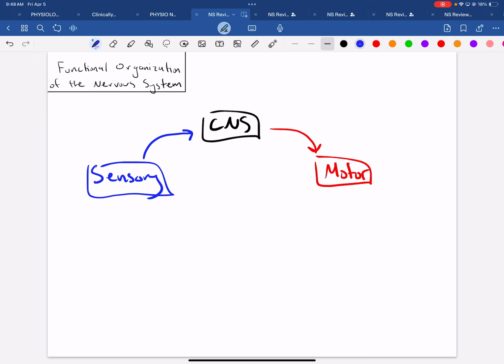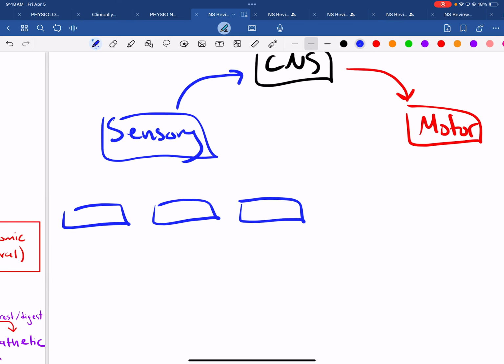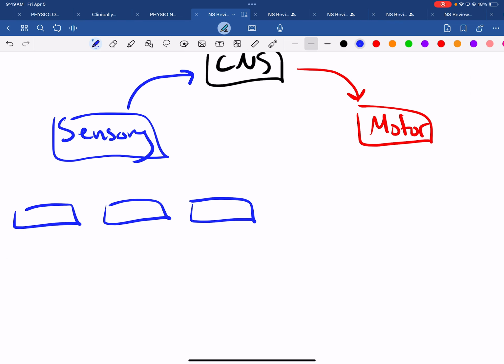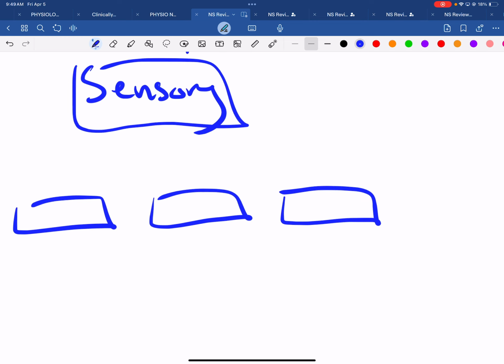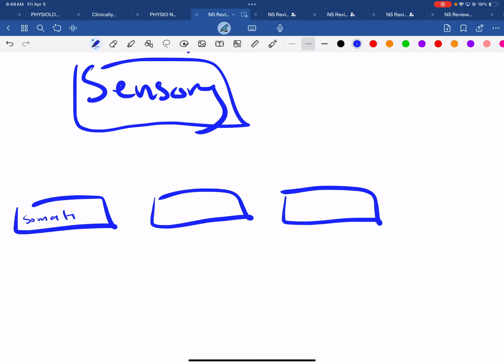What are the different types of sensory modalities? There's at least 3. Well, let's name 3. What do you call the senses that come from like the skin and the muscles? Good, general. Here, how about this? Let's call them somatic.